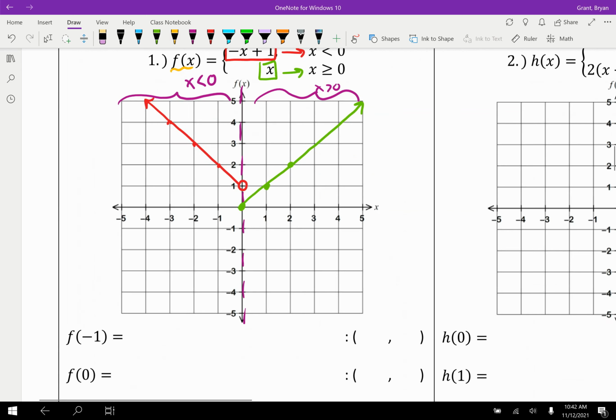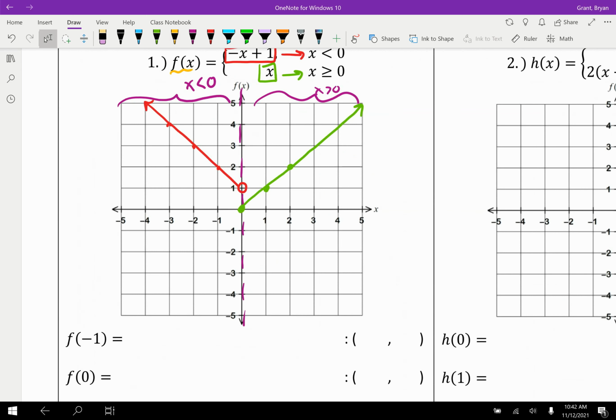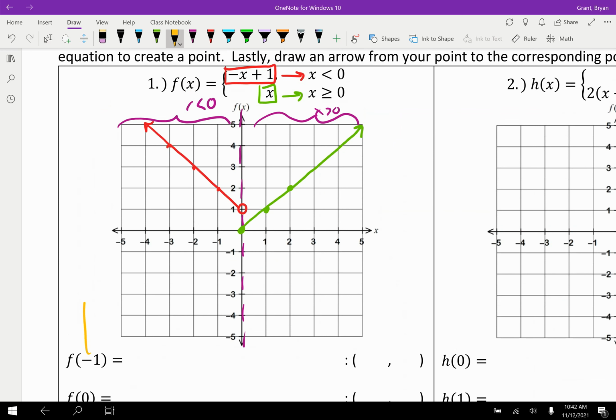So let's go ahead and try to use f of x and figure out which branch we need to do. They first ask us to substitute negative 1 into f of x. In order to do that, we need to substitute negative 1 into one of these x's. Which one? Well, we have to think, is negative 1 less than 0 or greater than 0?